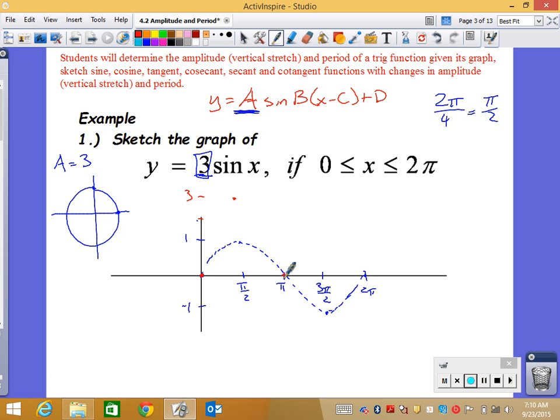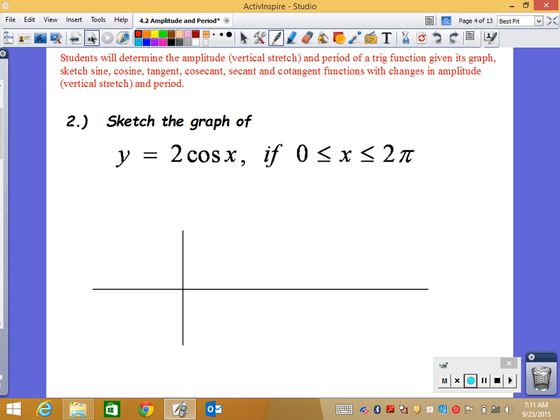Another 0 times 3 is 0. -1 times 3 is -3, so this one gets pushed down to -3. And then 2 pi, which is 0, 3 times 0 is 0. So the answer I'm going to be looking for on the test is this red graph here, this amplified graph. All it means is that it gets stretched up and it gets stretched down.